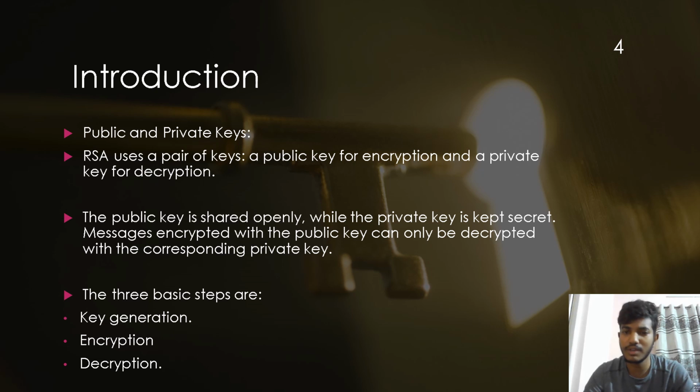The public key is shared openly, while the private key is kept secret. Messages encrypted with the public key can only be decrypted with the corresponding private key. The three basic steps are key generation, encryption, and decryption.